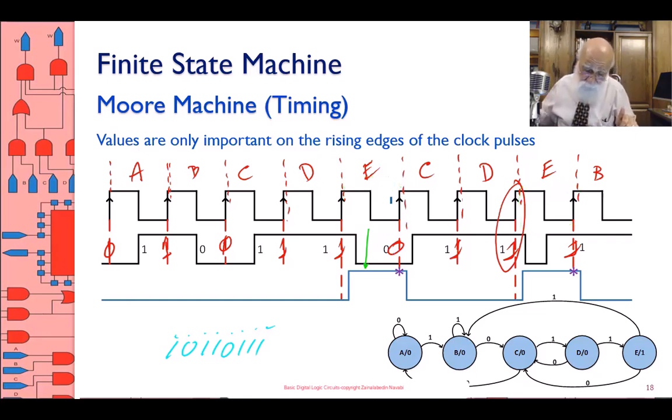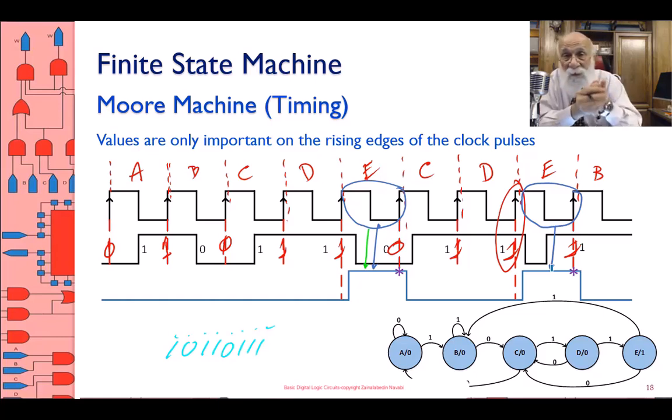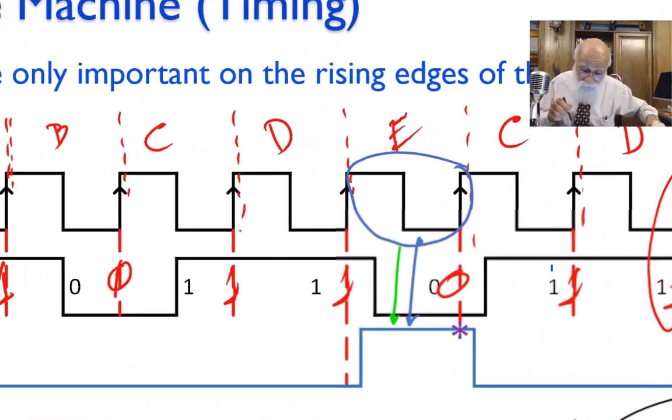Okay? To be a little bit more color consistent, maybe I want to do this. The output is 1. But the same way I look at my input only on the edge of the clock, I look at the input only on the edge of the clock.